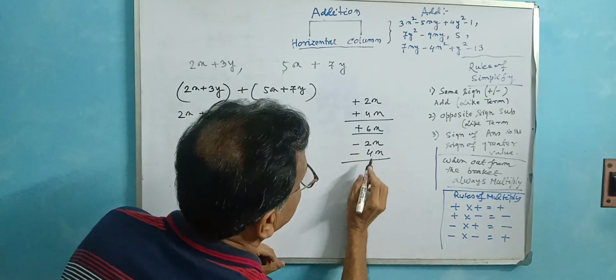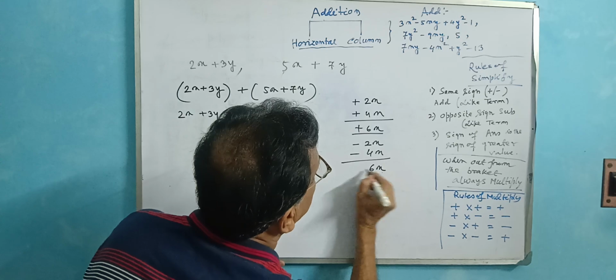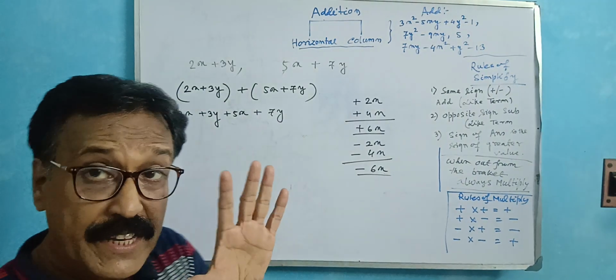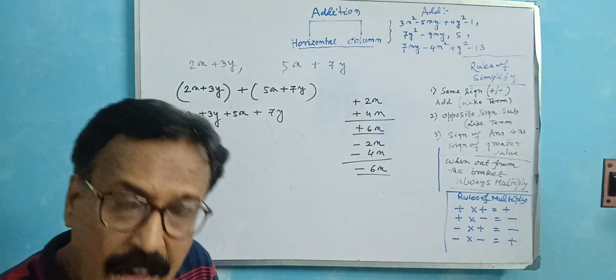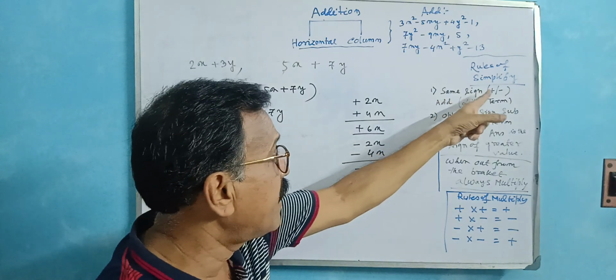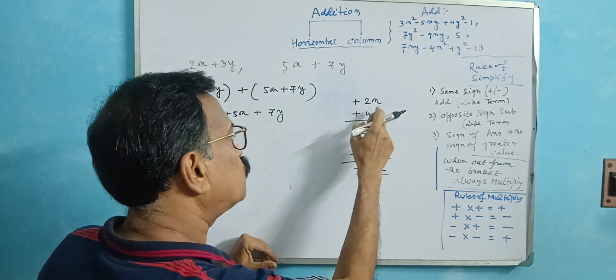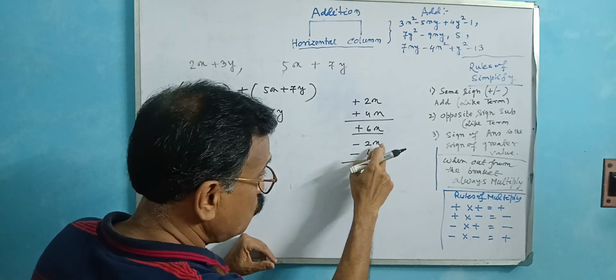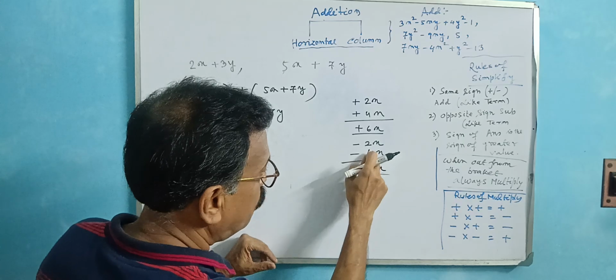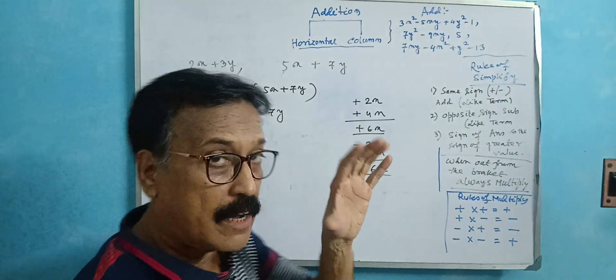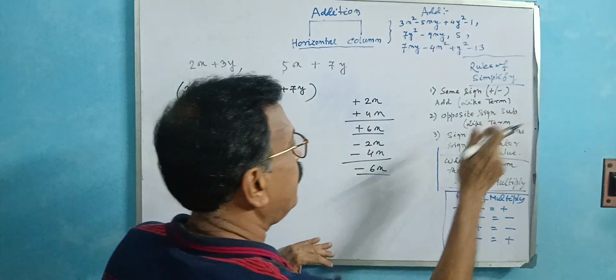Same sign, add 4 to 6x and the sign is minus. This is a very important rule. Same sign addition, same sign add, both plus or both minus. Plus 2x, plus nothing, that means 2x and 4x, 6x. Minus 2x, minus 4x, same sign, add 4 to 6, minus.